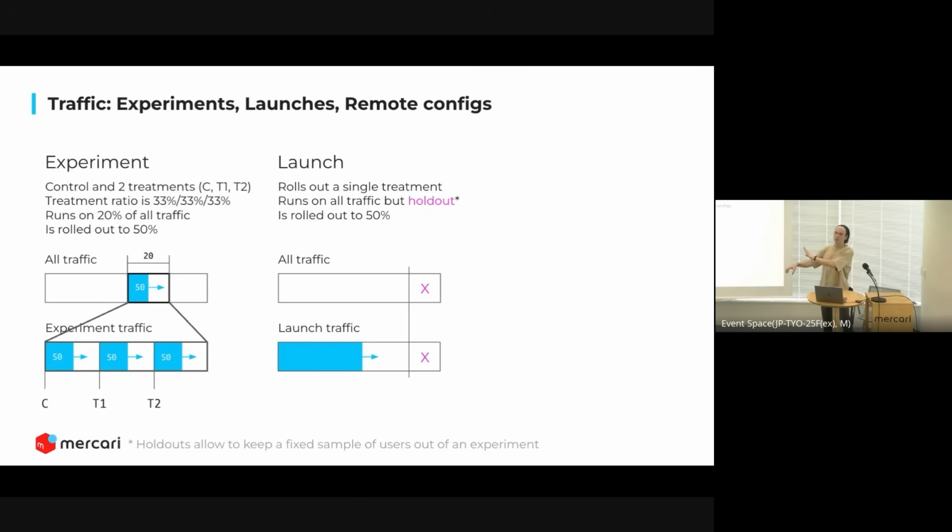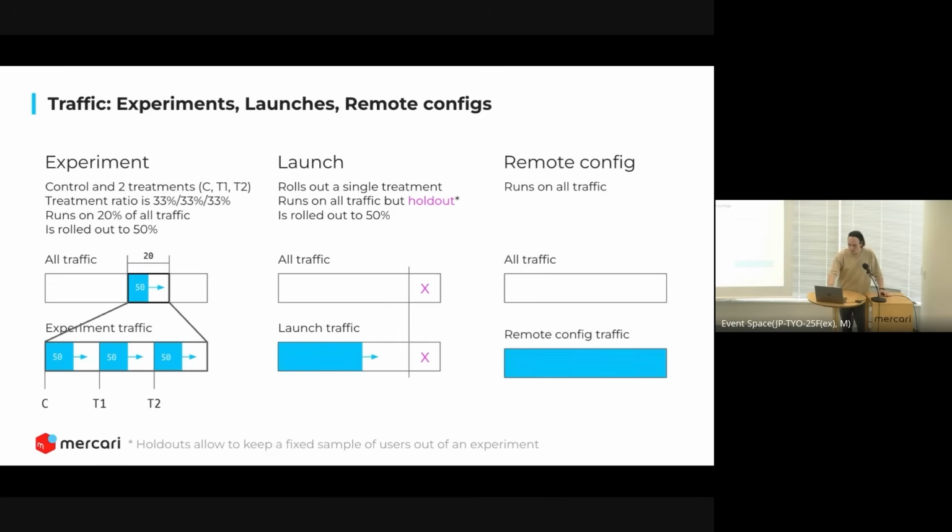So later, when you finished with experiment, you can have fresh users who didn't experience it to compare, to verify again, like, was my experiment actually correct? Is the conclusion that I draw from it actually correct, right? This is why you can use holdout. So launches, they exclude holdout by default. And this is this magenta cross there on the traffic, on the image.